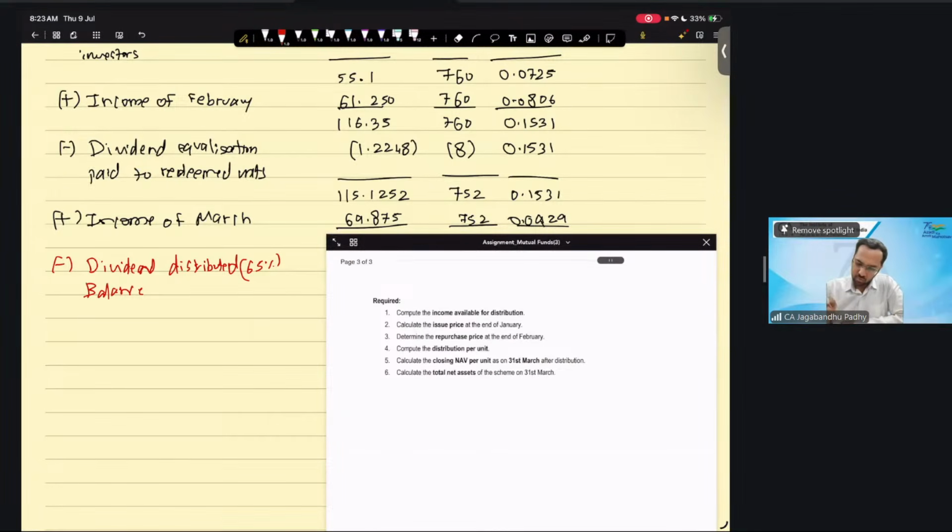Okay, so we're done with the income available for distribution part. Now next is calculate the issue price at the end of January.